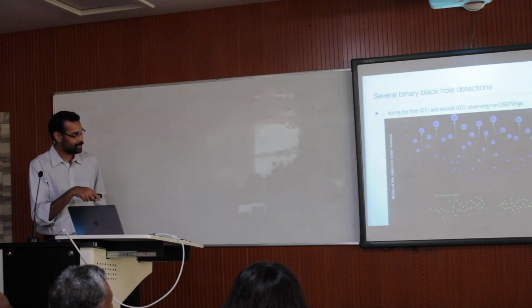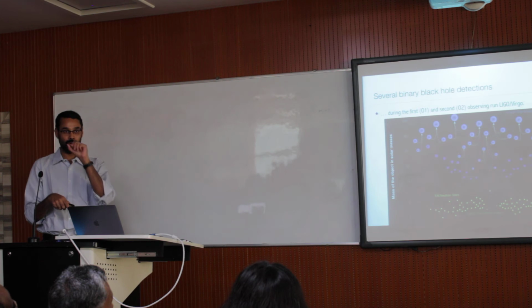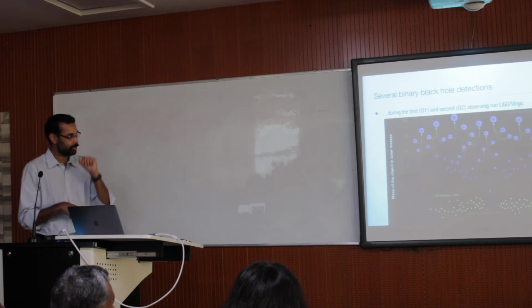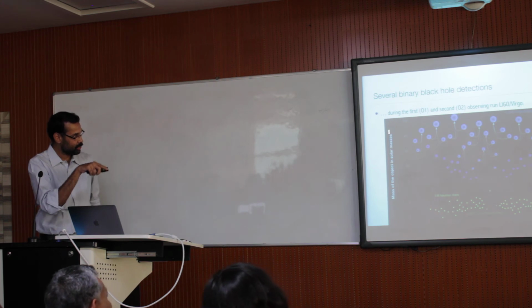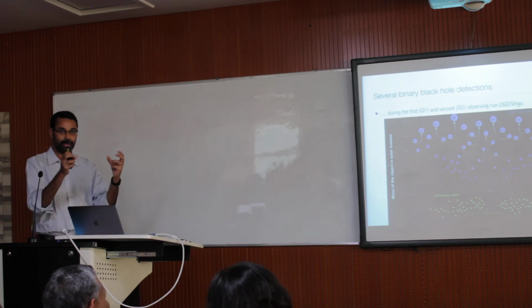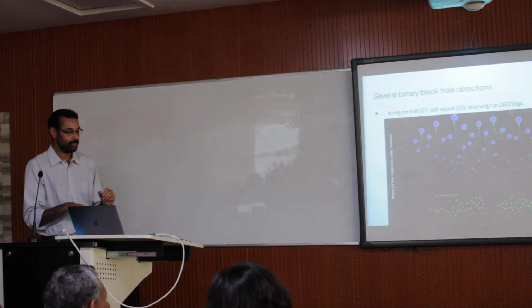So this shows the distribution of the masses of these black holes that LIGO and Virgo have observed. This horizontal axis is the mass of each object in the binary system in units of the mass of the sun.